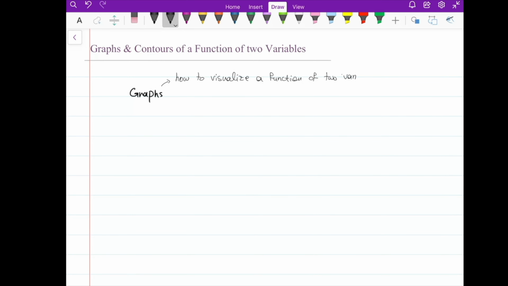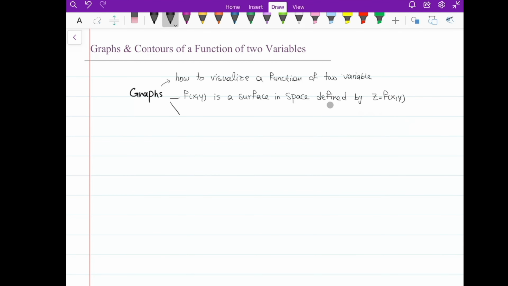Two variables is very interesting, actually. So f of x and y, a graph of a function of x and y, is basically a surface in a space, and it's defined by z equals f of x and y.